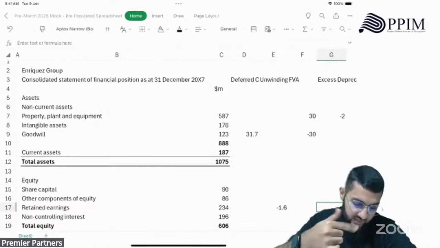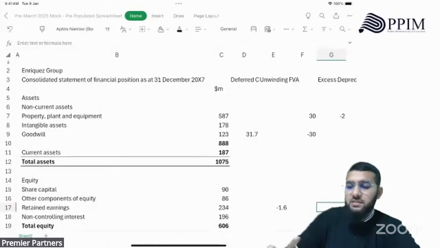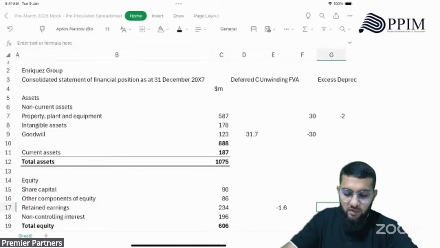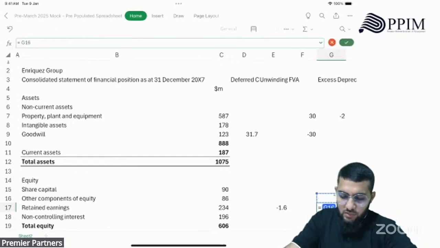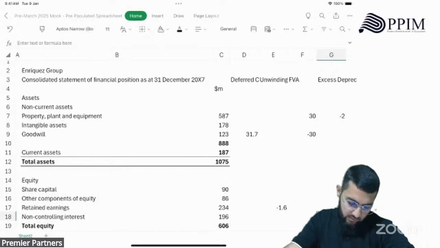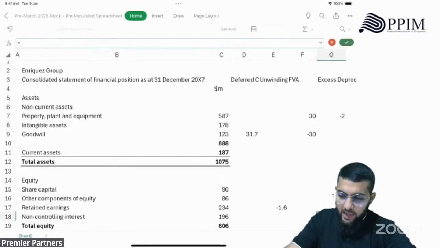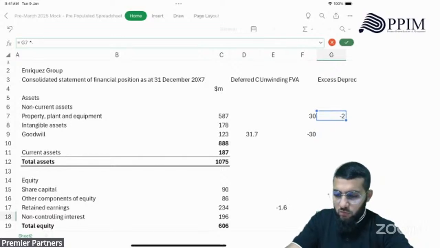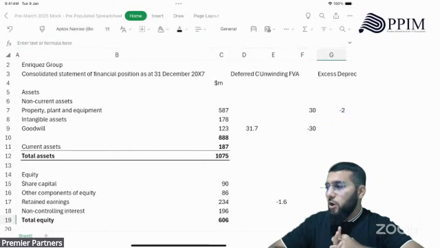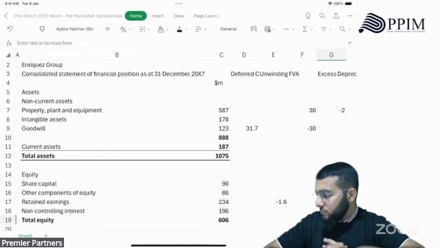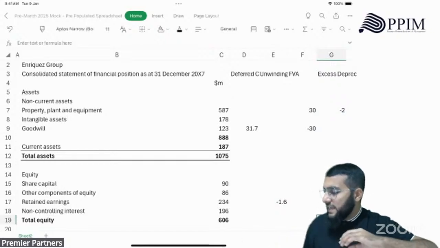Now, at this point, it's impacting both, because it is a fair value adjustment. That's going to be this multiplied by 0.6, 1.2 for retained earnings, and this multiplied by 0.4 for NCI.